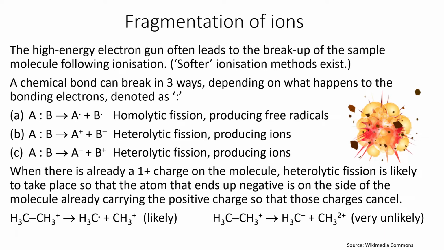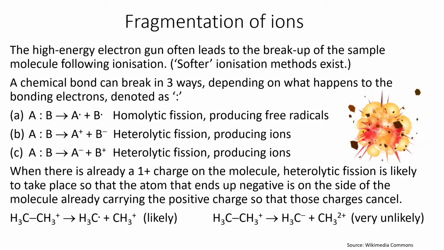If that bond were to break homolytically, then it would give those two particles that are shown. Equally, if it were to break heterolytically, if both of the electrons in the bond moved to the right, that would turn the CH3+ on the right to a neutral CH3 radical, and it would leave the CH3 on the left positively charged.